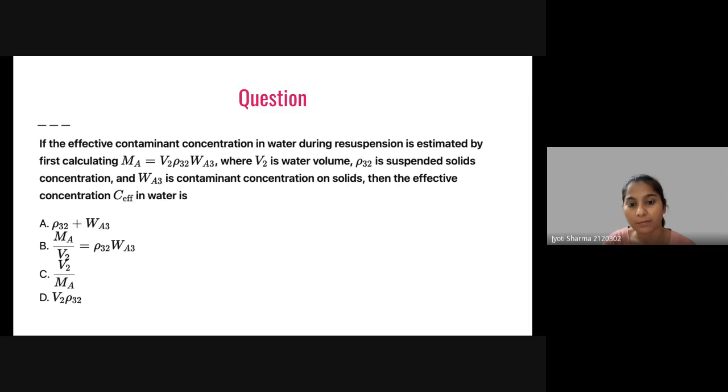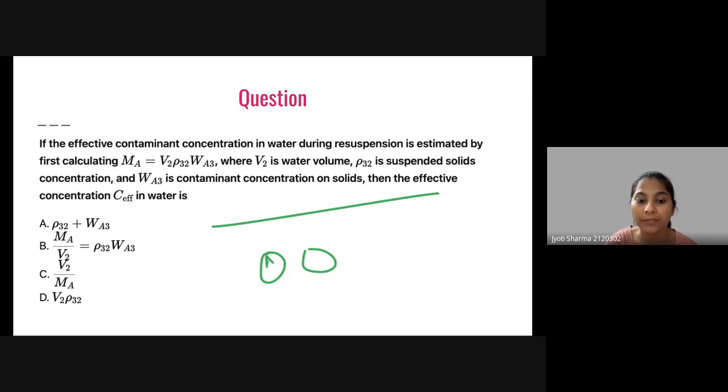Okay, this is something different and new. The thing that you need to learn is that if you have sediment that already has some contaminant on it, and the pore water also has some contaminant, then the concentration of your contaminant A will be the concentration of A in the pore water plus the concentration of A on the solid particle, right?